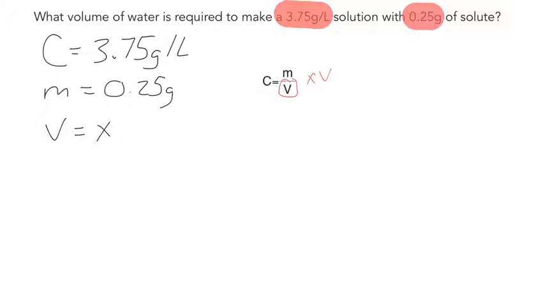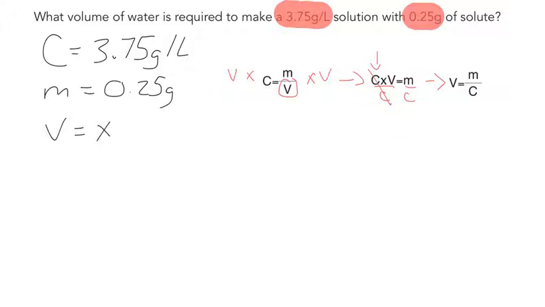So we multiply both sides by V, which turns into C times V equals M. But we're not done here, because again, we want to isolate V. So to isolate V, we need to get rid of C. The opposite of a multiplication is a division, so we divide both sides by C, it cancels out on that side, and we get our resulting equation, V is equal to M divided by C.